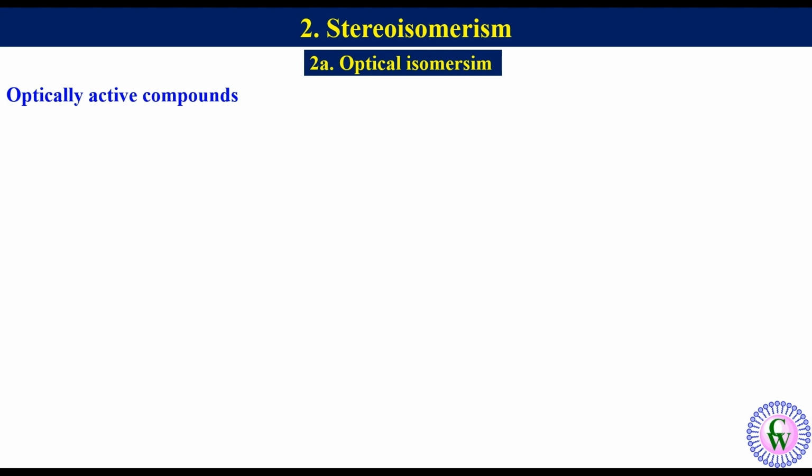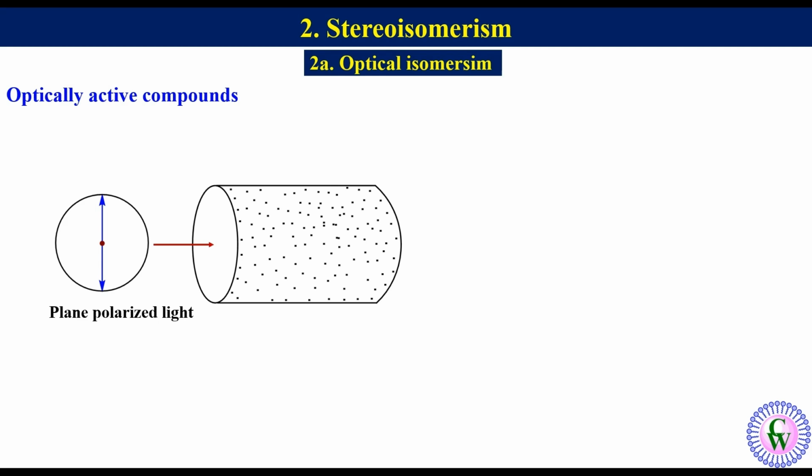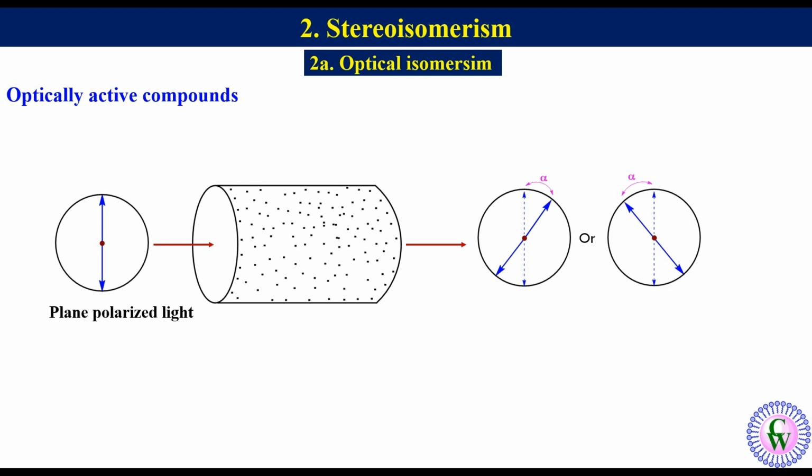Optically active compounds. When a plane polarized light is passed through a solution of certain compounds, the plane polarized light is rotated towards the right or left. The compounds which rotate the plane of polarized light are called optically active compounds.